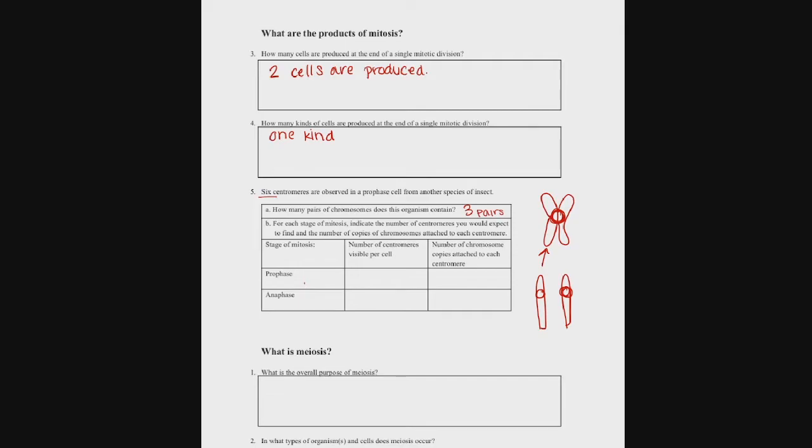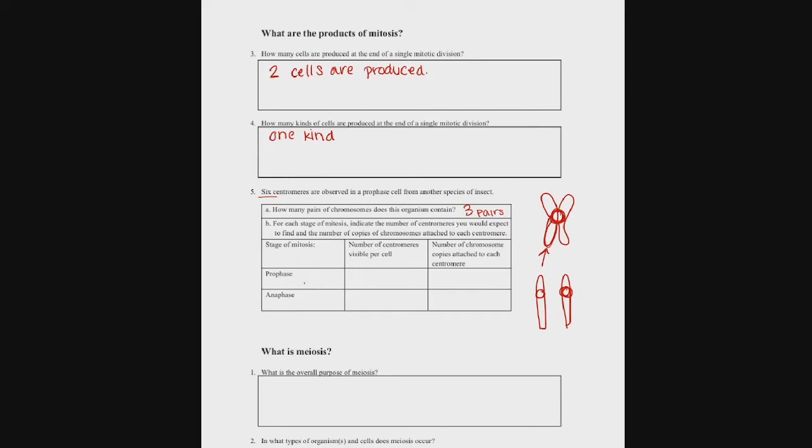So for prophase, we're getting ready. We're starting to prepare for division, and so we have to duplicate. And so for the number of centromeres visible per cell in prophase, we haven't divided yet, and we're also duplicating the chromosome.